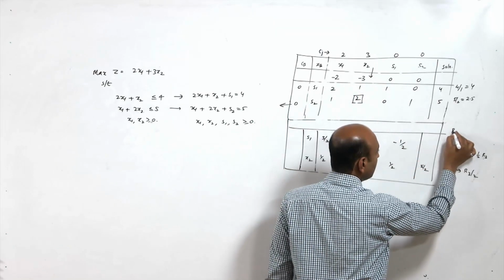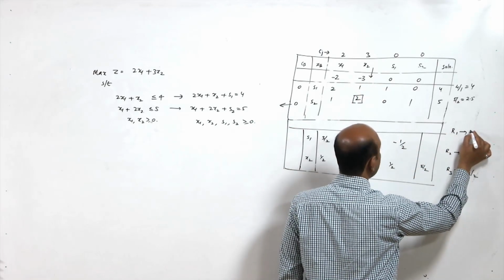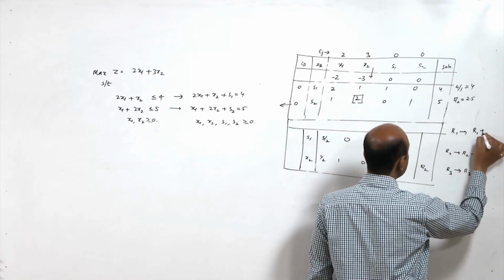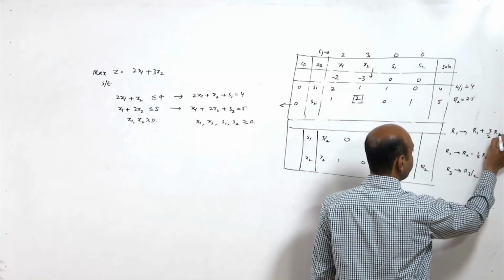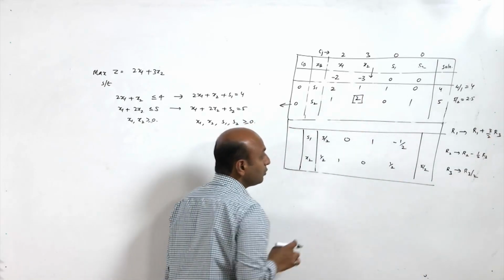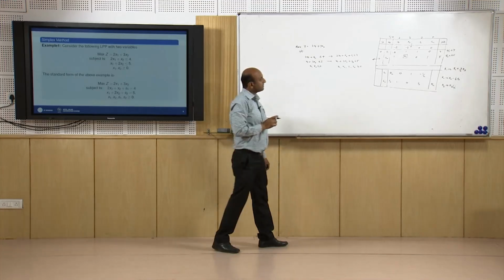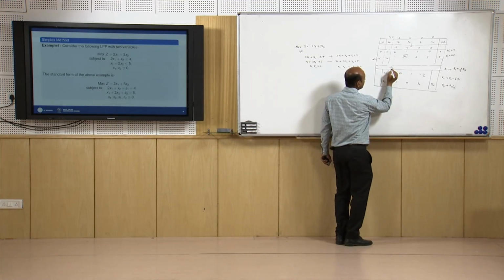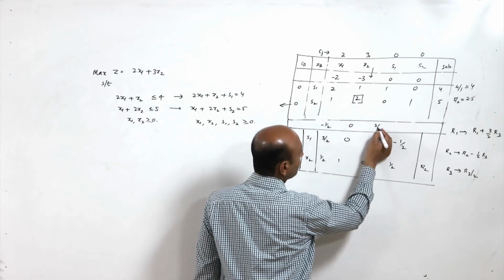So, in R1 you can take R1 plus 3 by 2 times R3. So, this plus 3 by 2 times this, plus 3 by 2 times this is minus 1 by 2 is 0, 3 by 2 is 0.